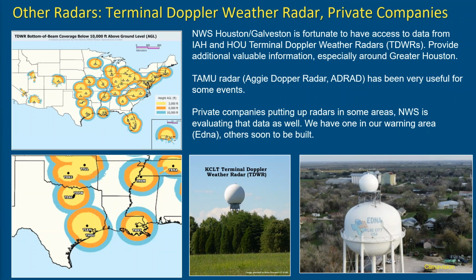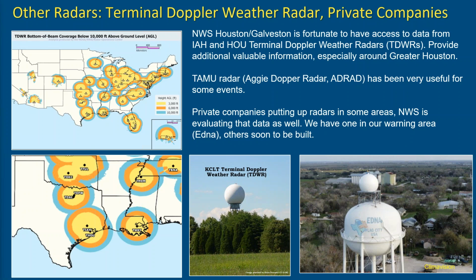We're also very fortunate here at the Houston office to have access to terminal Doppler radars. You can see a photograph of one there out at Charlotte. The terminal Doppler radars are really designed for takeoff and landing at major airports, and we have one of these at Hobby and Bush.